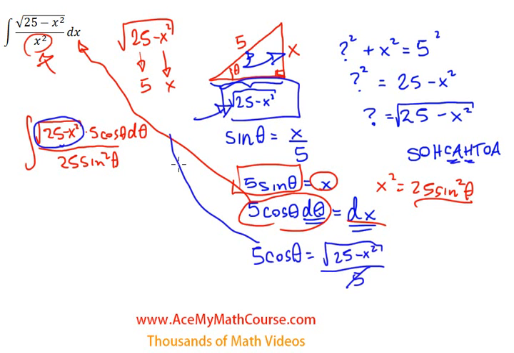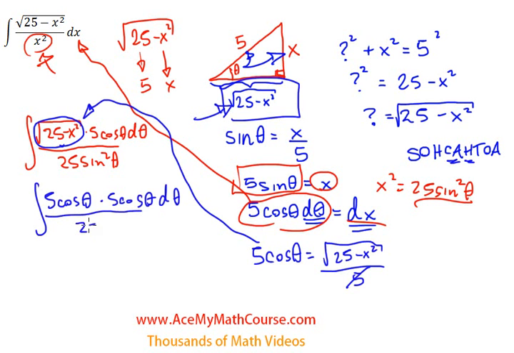Which I'll plug in right there. So I get 5 cos theta times 5 cos theta d theta over 25 sine squared theta. At this point, you can cancel: 5 times 5 is 25, and 25 over 25 is just 1. So I end up with cos squared theta over sine squared theta d theta.